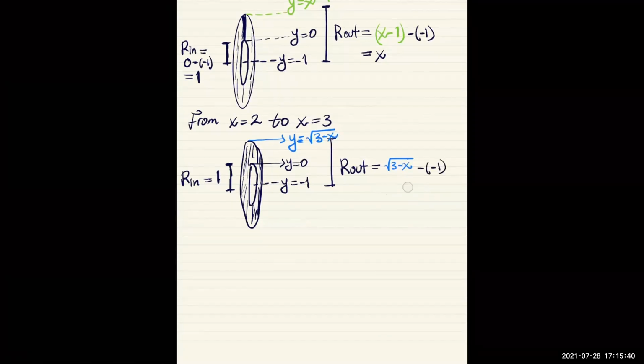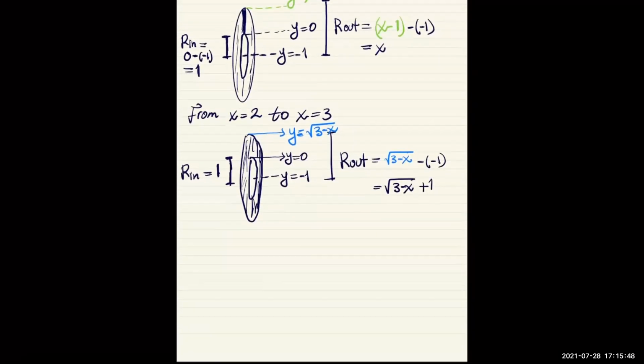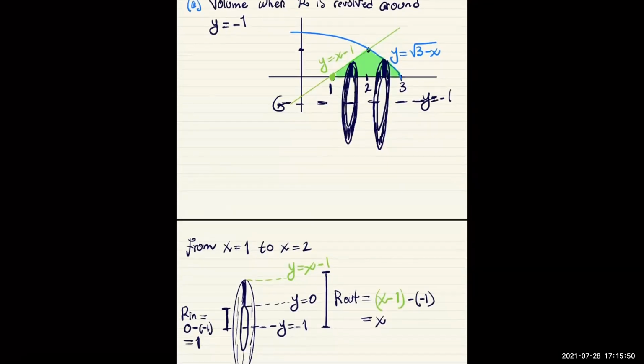That takes us to square root of 3 minus x plus 1. Okay, so let's set up the integrals. Let's go with the integral for these washers for this region. That region goes from 1 to 2.